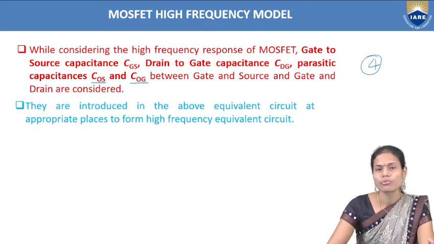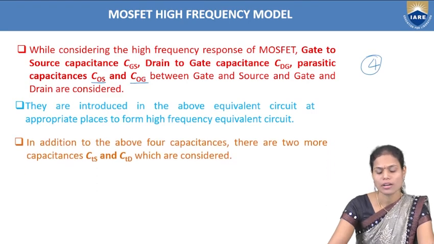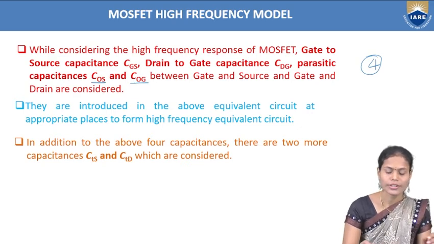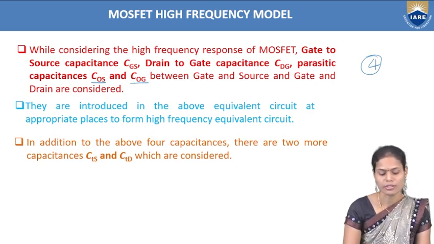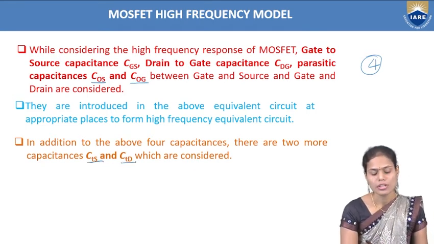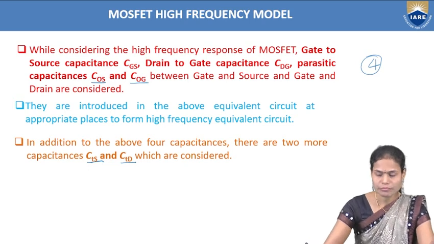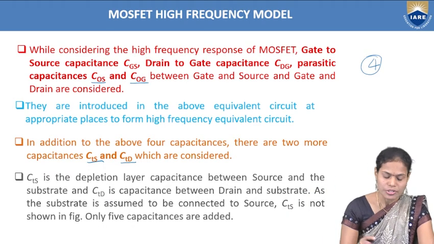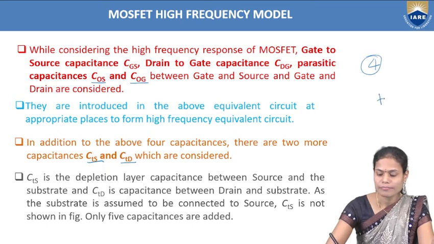Along with these 4 capacitances, we will have 2 more capacitances. We can call them junction capacitances or internal capacitances of the MOSFET. Those are CTS and CTD. CTD is between drain and substrate, and CTS is between source and substrate.